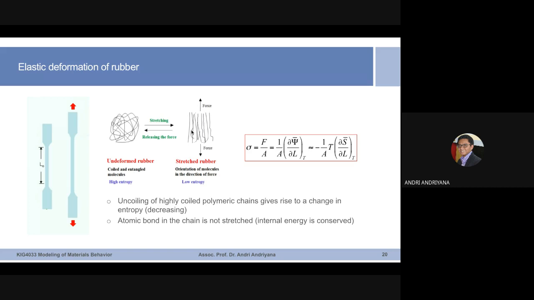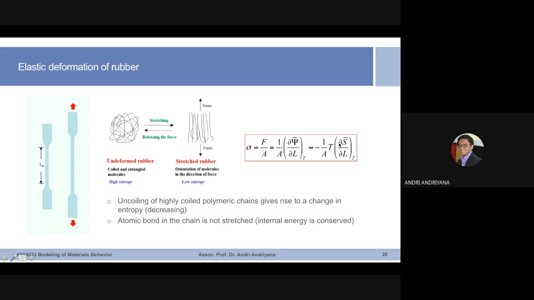The stress equation we have seen in the thermodynamics of deformation is simply F over A, 1 over A, and F is simply the differentiation of the Helmholtz free energy with respect to deformation at constant temperature. Because we know that the elastic deformation of rubber can be associated entirely with the change of entropy, we replace the free energy with this one.